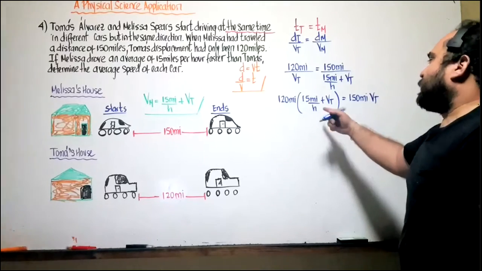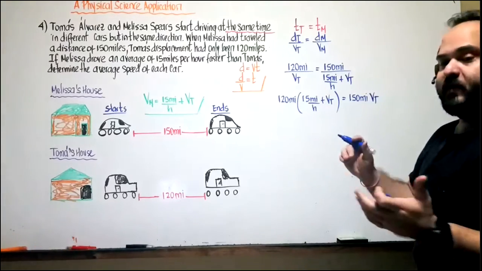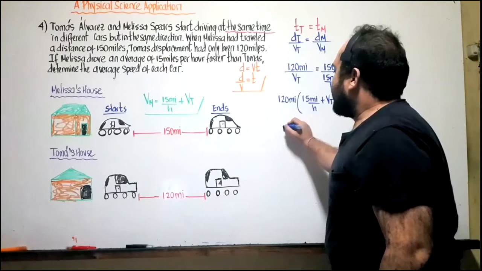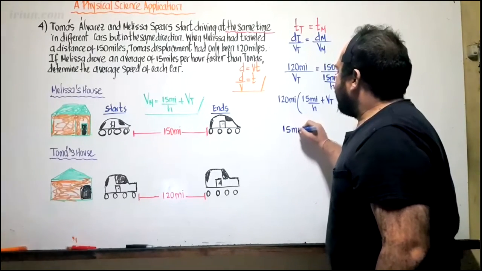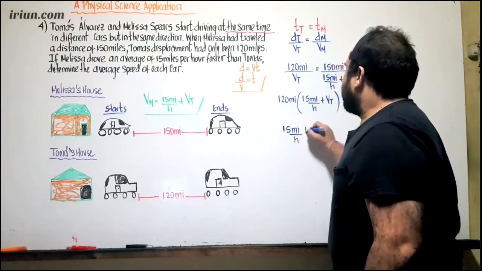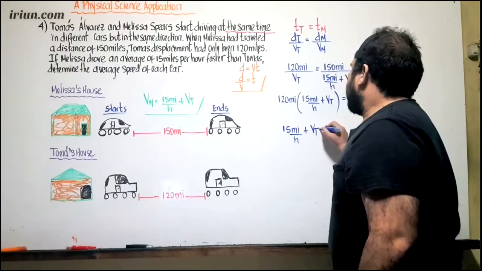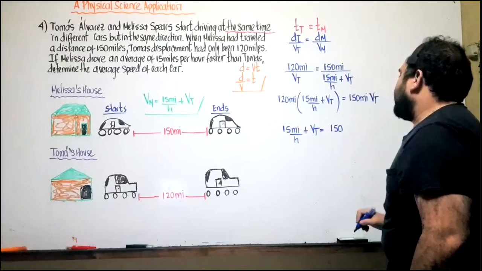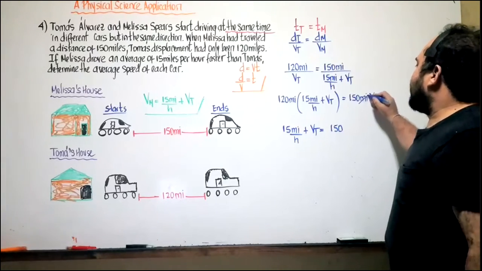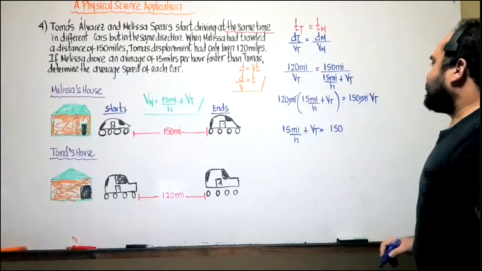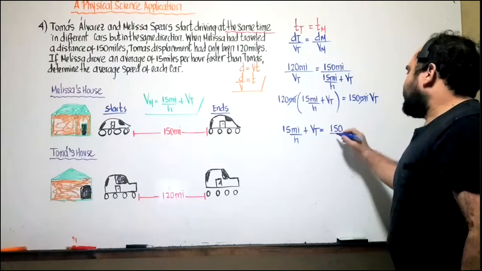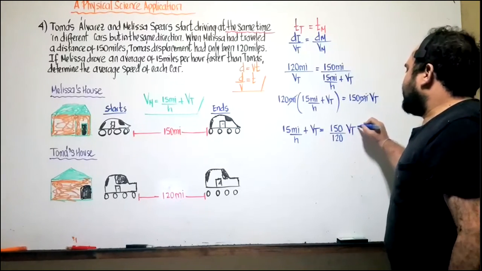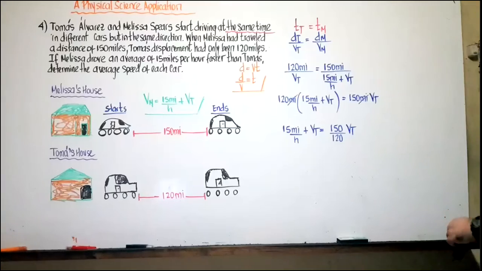So I'm going to destroy the parenthesis, because there's no additional number multiplying this expression. So we got 15 miles per hour plus the velocity of Thomas will be equal to 150, and the units miles with miles can be canceled, divided by 120, and this is going to be the velocity of Thomas.